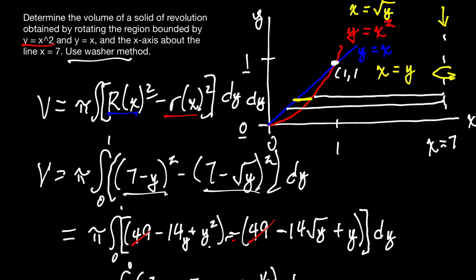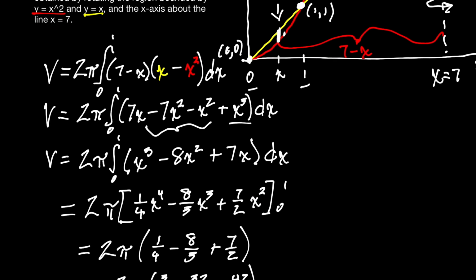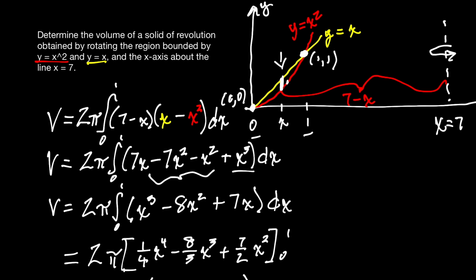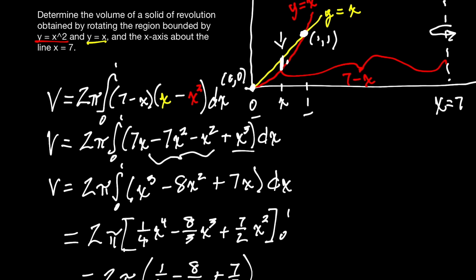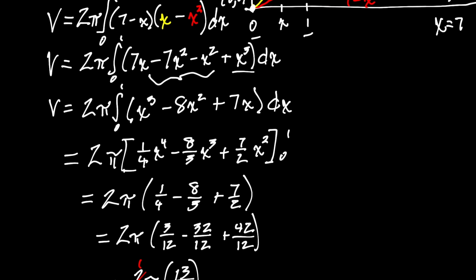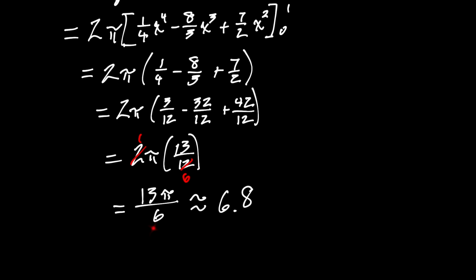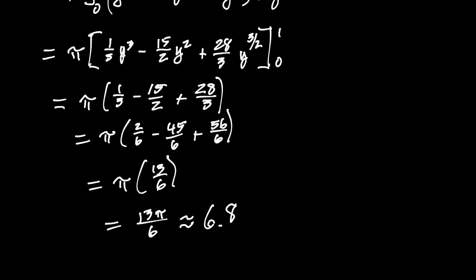Compare that to the previous one, where we just left it in terms of x because that's what it was to begin with. But the shape that you're revolving is still the same shape, the same size. You're going to get the same solution either way, right? About 6.8 cubic units.